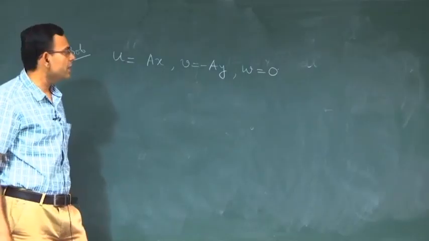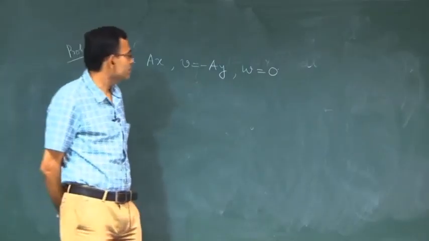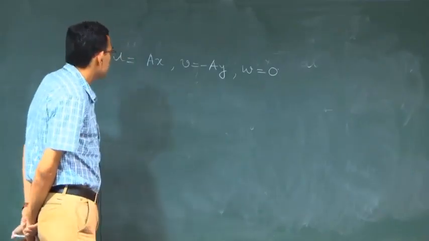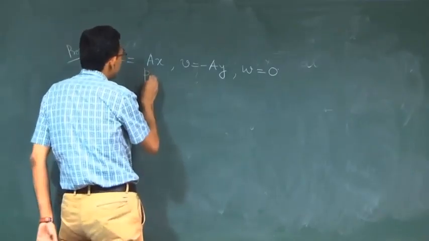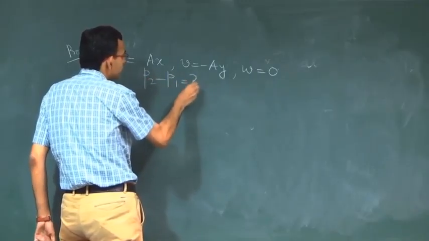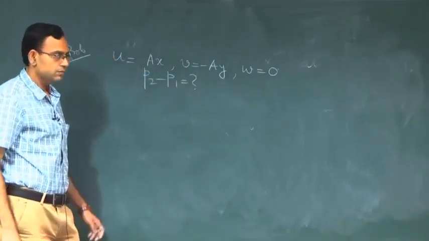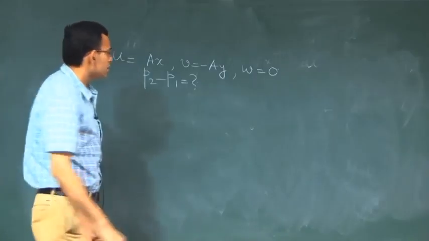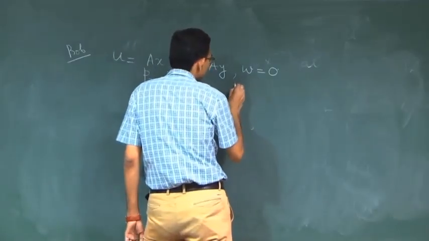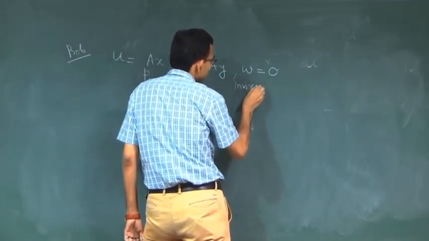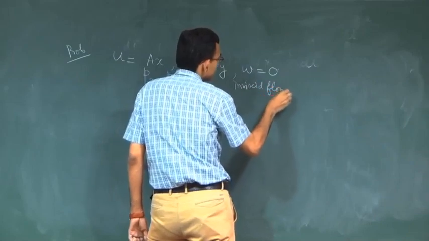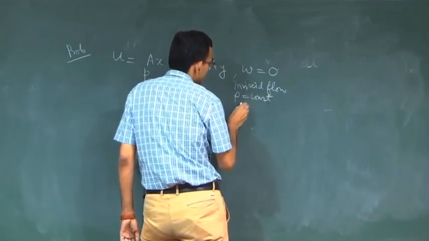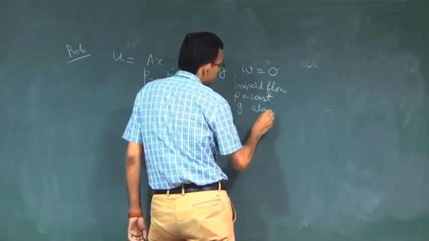Let us say there is a flow field where A is constant, a two dimensional flow field, and the objective is to calculate the pressure difference between 2 points 1 and 2 in the flow field. The assumptions are inviscid flow, rho constant and g along negative z.